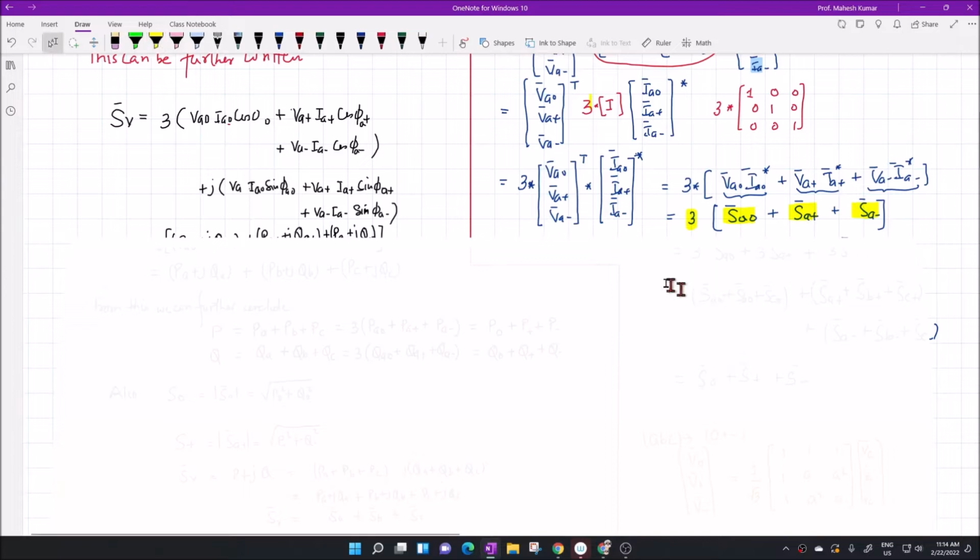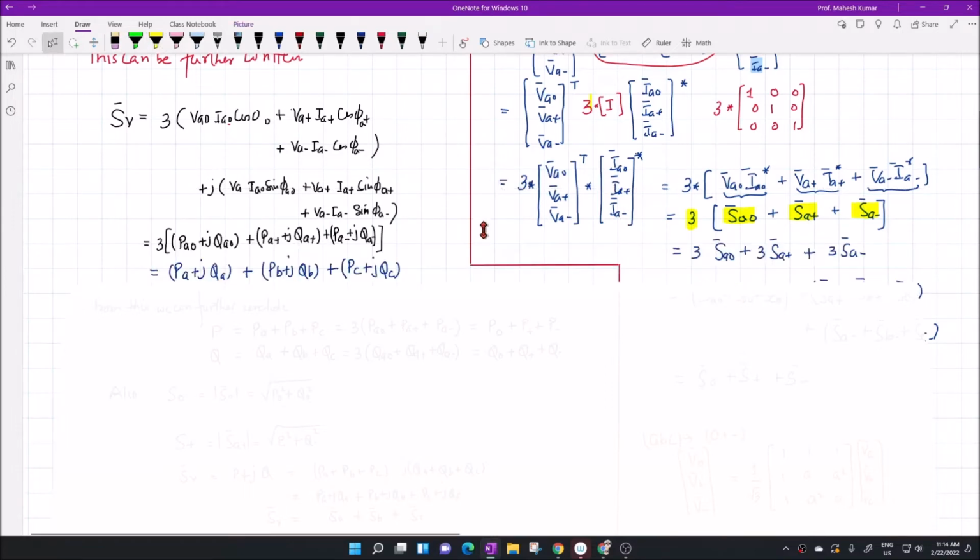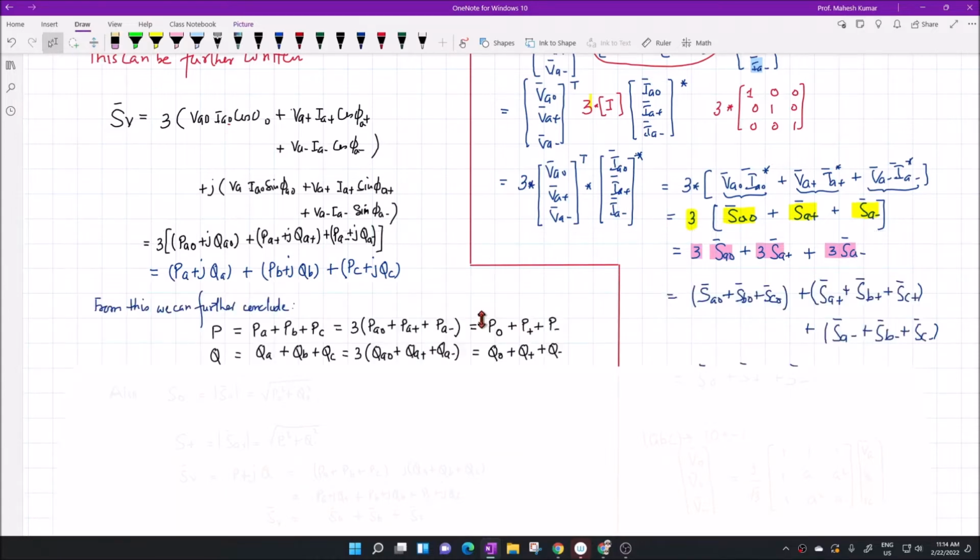For example, if we expand this, then you will see that this is 3 into SA0 complex, 3SA plus complex, 3SA minus complex. As if the 3SA0 takes care of SA0 plus SB0 plus SC0. So this is actually SA0, SB0, SC0.